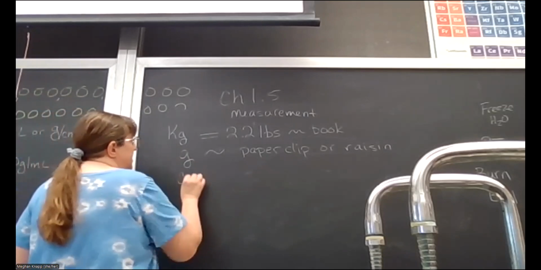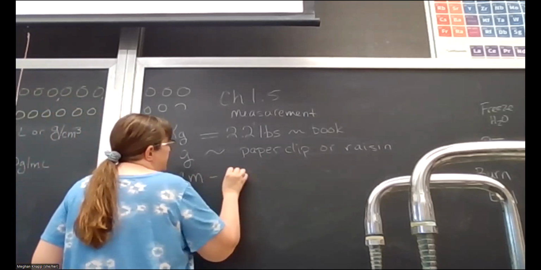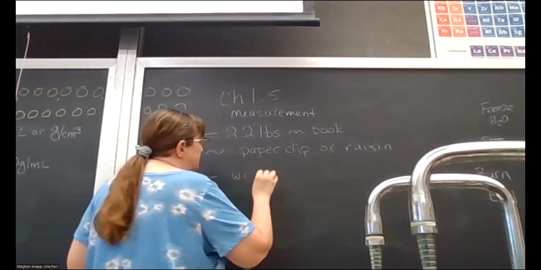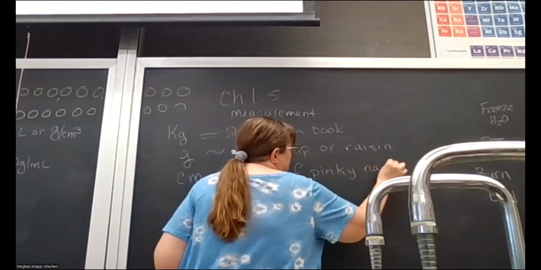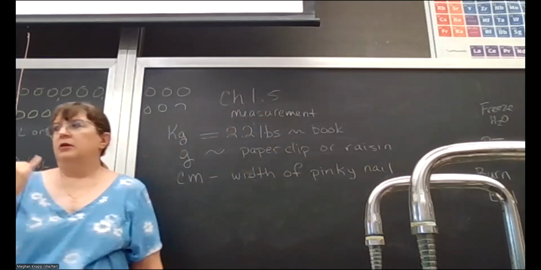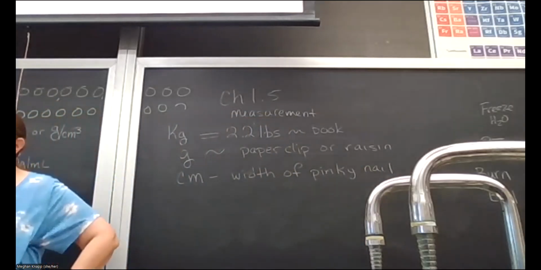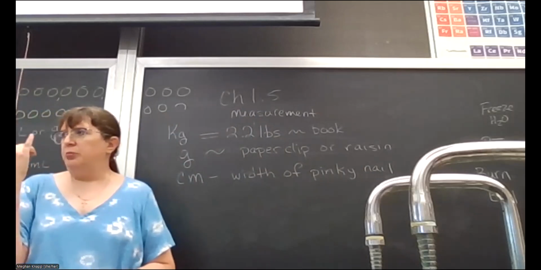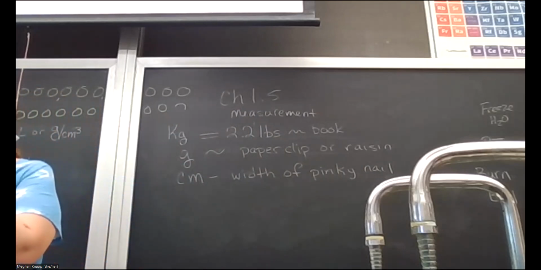All right, a centimeter is about the width of your pinky nail. So from here to here. Now, if you are one of those people that have delicate piano player fingers, maybe the whole finger is 1 centimeter.